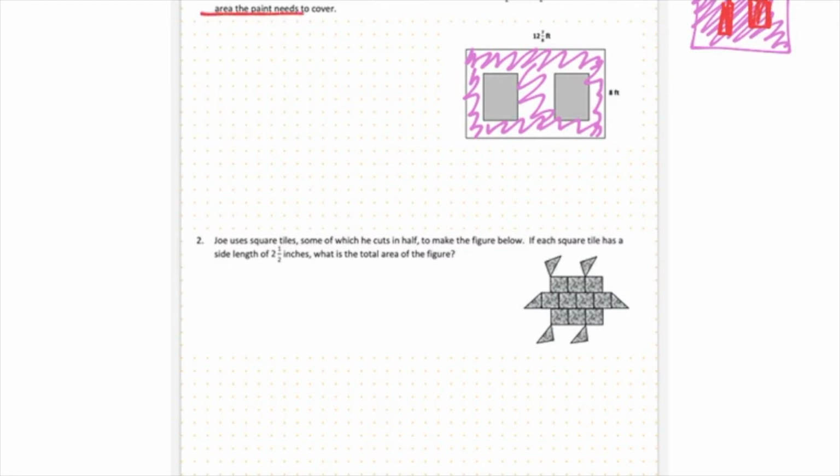So because I'm looking for the area the paint needs to cover, I'm thinking that I'm going to subtract. Okay, so let's start by finding the area of the wall, and then I'm going to find the area of those windows. All right, well, the wall is, it says 12 and, does that say 3/8?